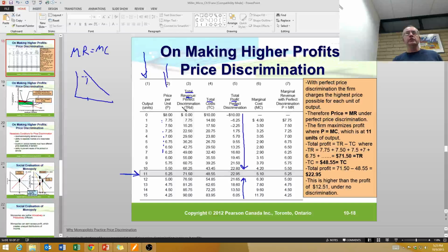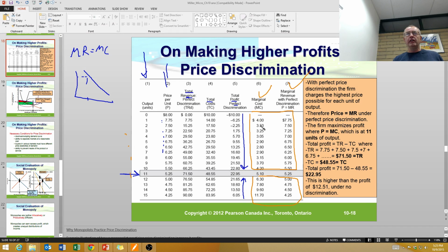So we can also use the second approach of equating marginal revenue with marginal cost. And we see the same thing that we saw before. So here's our marginal revenue column, here's our marginal cost column, corresponding to these different levels of output.